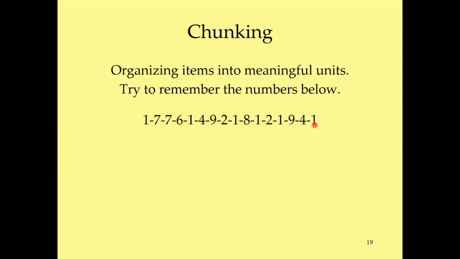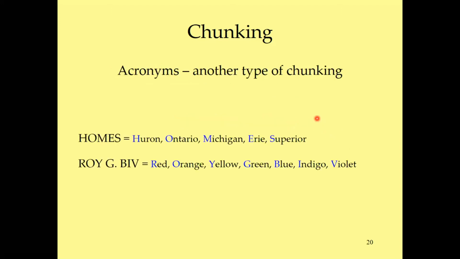So if you know your history and you've detected this pattern, you can readily now remember that whole sequence of numbers here. What is that? 16 numbers perfectly and in the correct order. Notice how chunking can be really useful. Acronyms are another type of chunking.